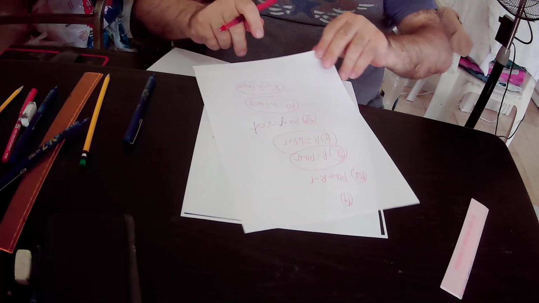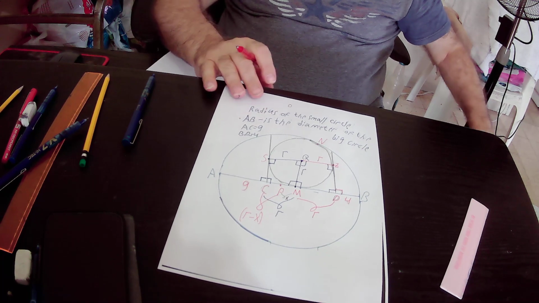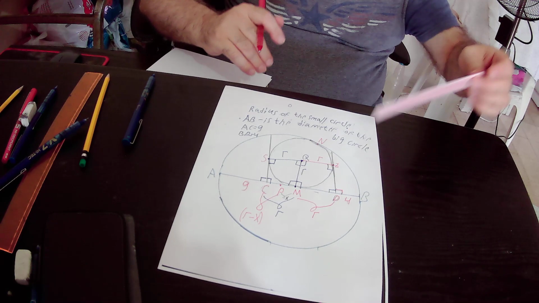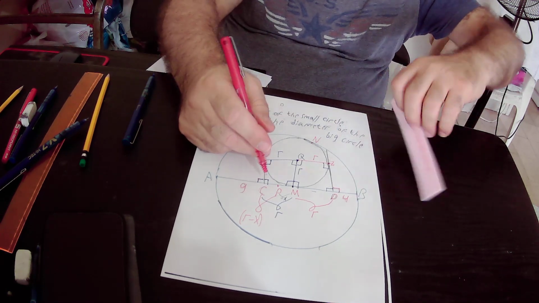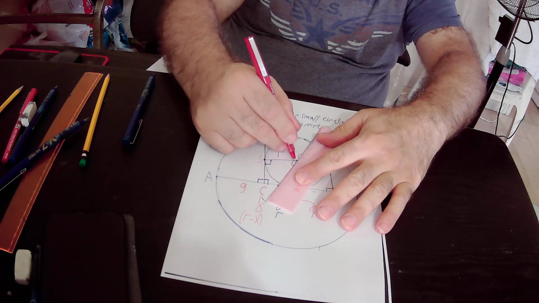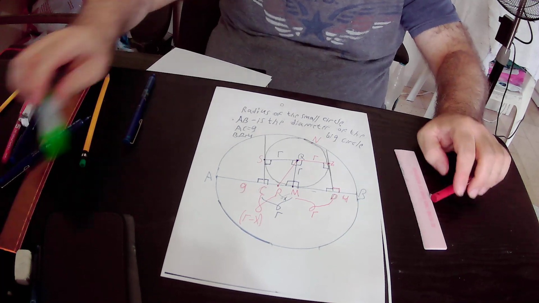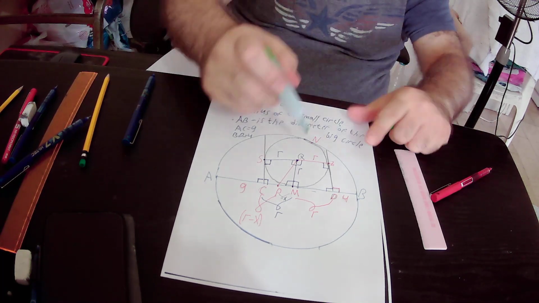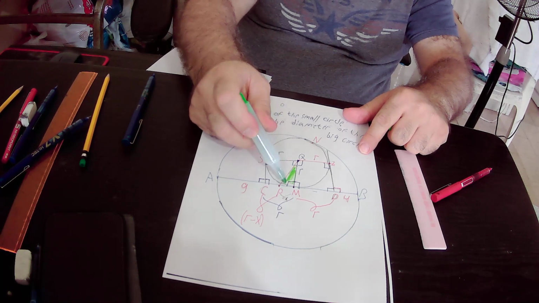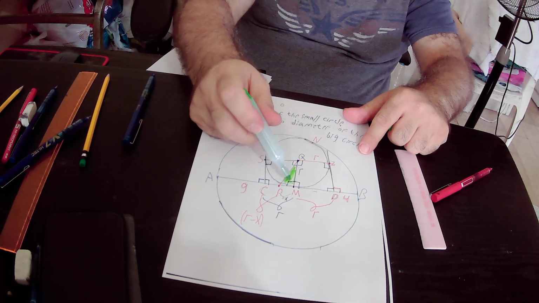So in the next step, we will connect together points P and Q by a straight line. Actually, triangle PQM is a right triangle. The green triangle is a right triangle because angle QMP is a right angle.